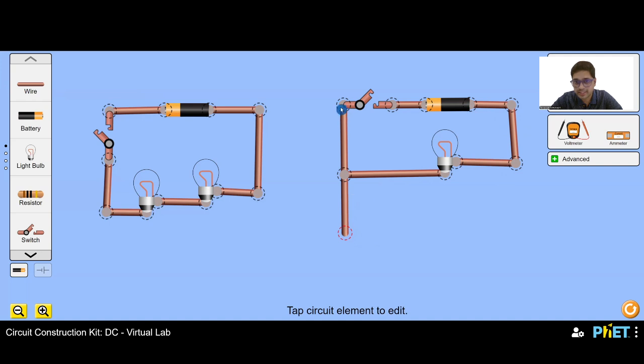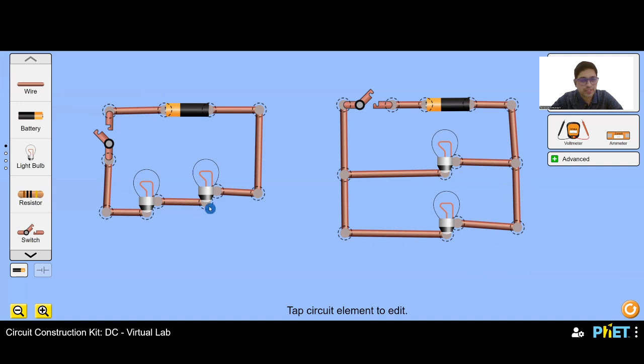Parallel connection is connecting between the same 2 nodes. So I have that here, I have that here. There you go. Almost there. And that. So this is a series connection, and this is a parallel.